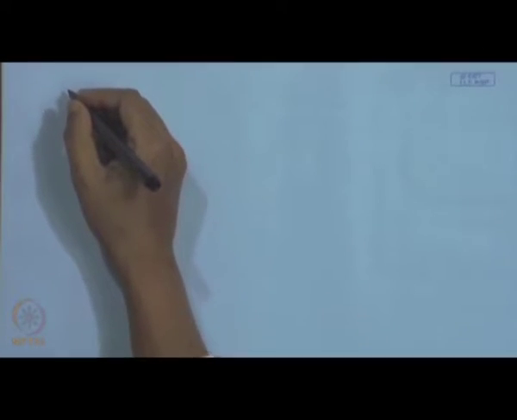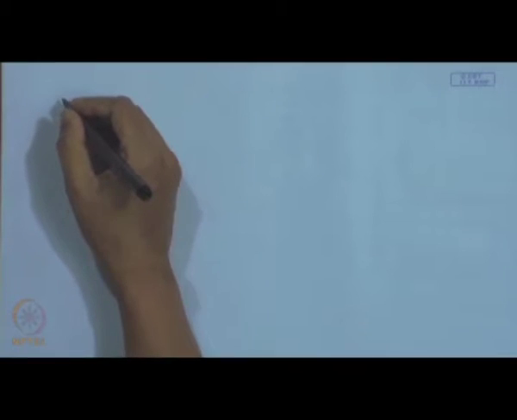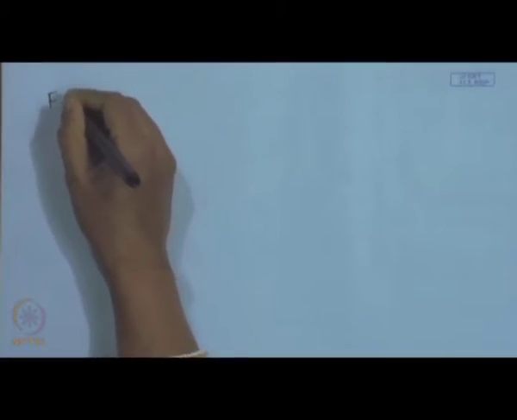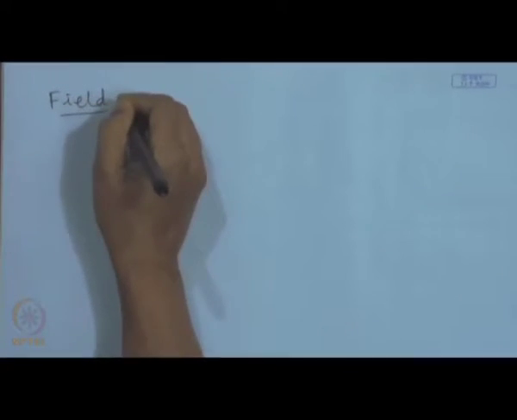So, next we shall see the definition of a field, which is very much useful in vector space. In defining a vector space, we need this algebraic structure that is called a field.